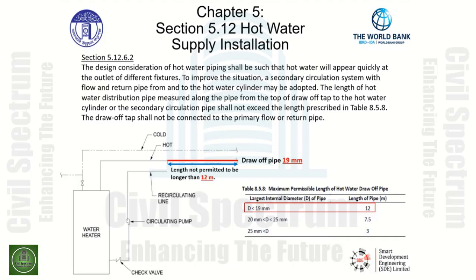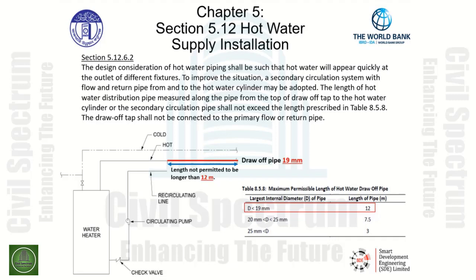As seen in the drawing below, we have a draw-off pipe diameter of 19 millimeters. Our length is not permitted to be longer than 12 meters, as indicated in the table below. The table is titled Maximum Permissible Length of Hot Water Draw-Off Pipe. The first column gives us the largest internal diameter of the pipe. We have a 19 millimeter pipe.